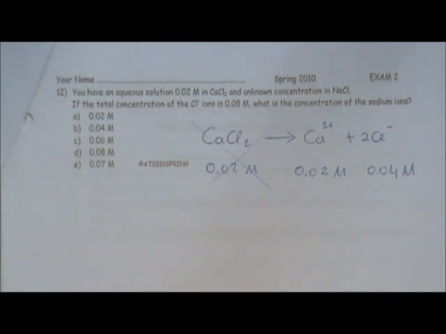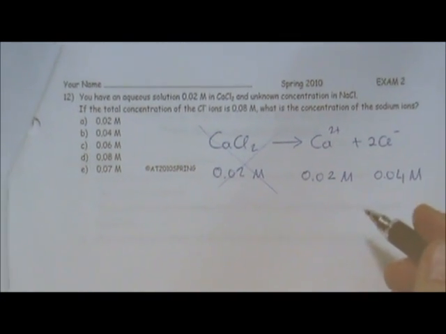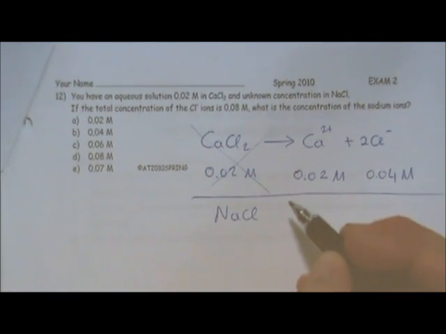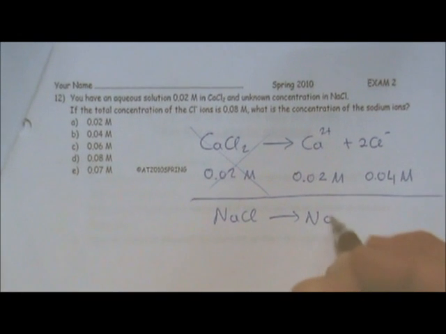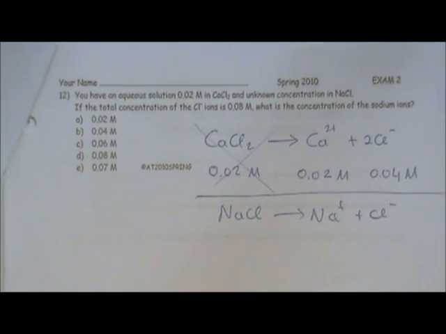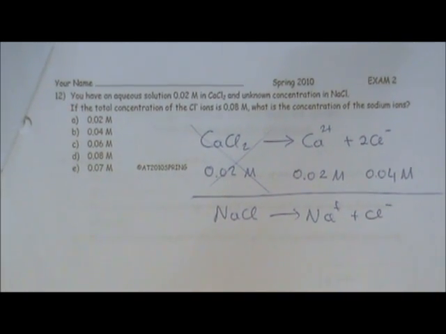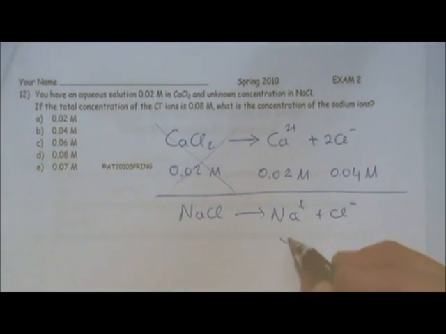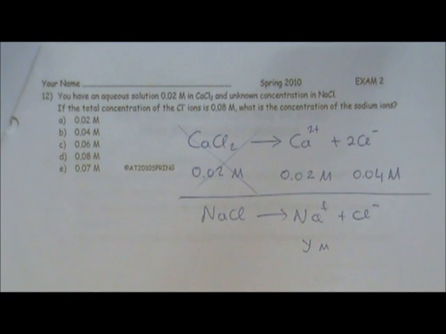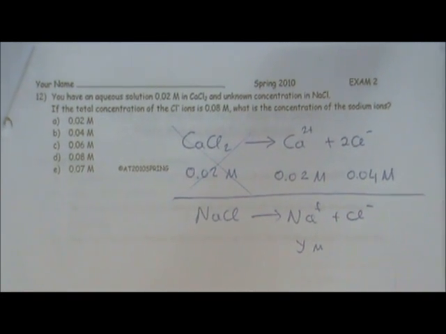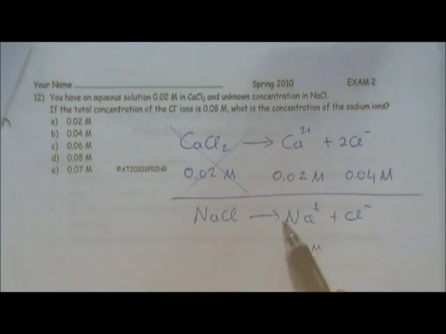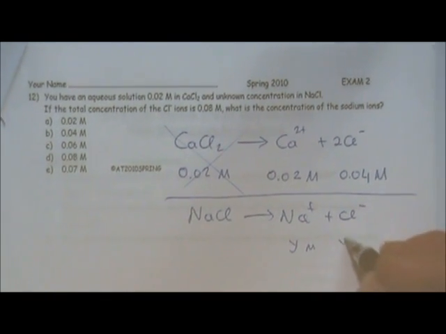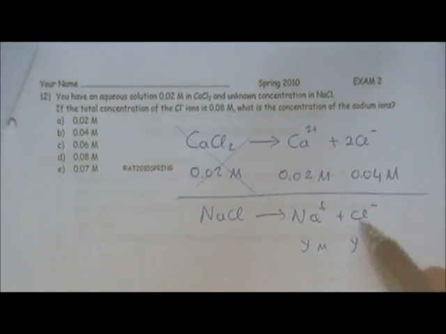Okay. And we have also sodium chloride. Here is sodium chloride, and that dissociates according to this equation. What we want to find out is the concentration of sodium ions. This concentration here, let's call it Y moles per liter, M. When it dissociates, it's 1 to 1. So if you have Y of this from sodium chloride, you have also Y moles per liter from chlorides.